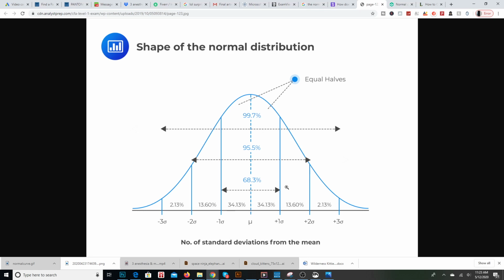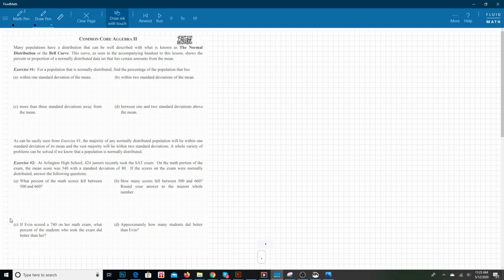So in order for us to find what fell between 500 and 660, the first thing we want to do is set up the mean, set up the normal distribution curve. How will that look? So let's go back to our chart right here. Okay, so we're looking right here, right?